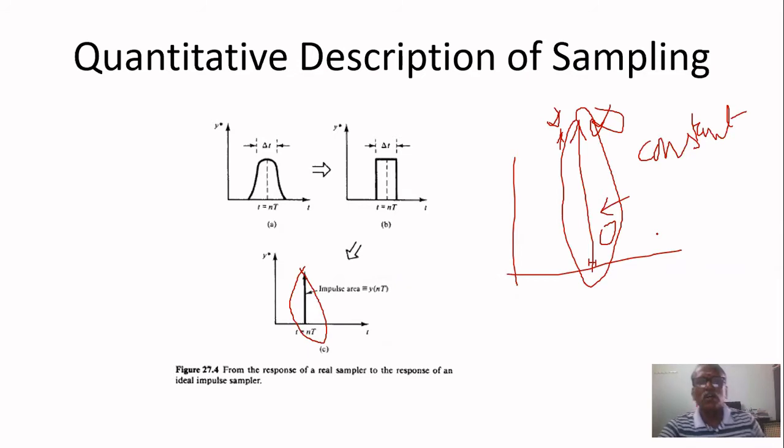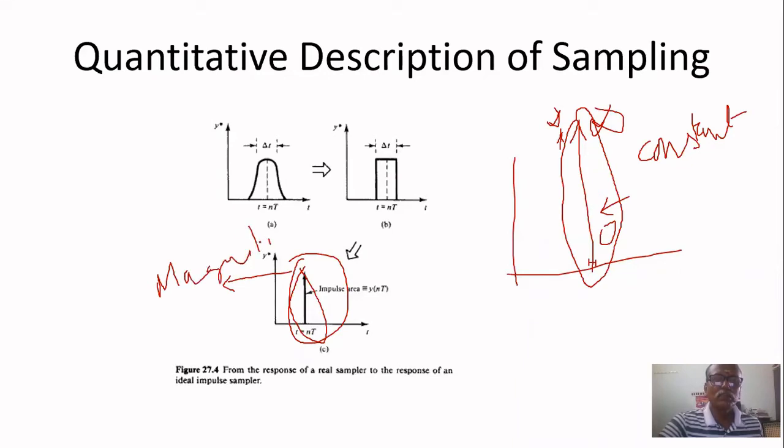So the sampler can be seen as an impulse whose energy is equivalent to the magnitude of the signal to be sampled. So mathematically, impulse means its magnitude tends to infinity, and its width tends to zero.